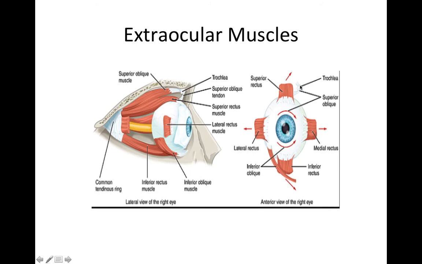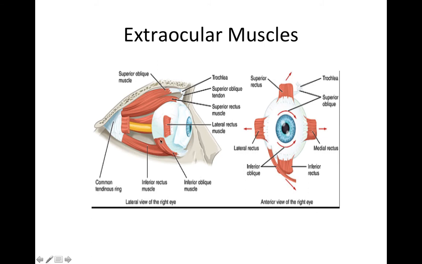And then when we go to cranial nerve 3, the ocular motor nerve, it is going to innervate all the other muscles, which include the levator palpebrae superioris, which you do not see in this picture, but we'll see in the next. It also is going to innervate all of our recti muscles: the superior recti, the medial recti, and the inferior recti.